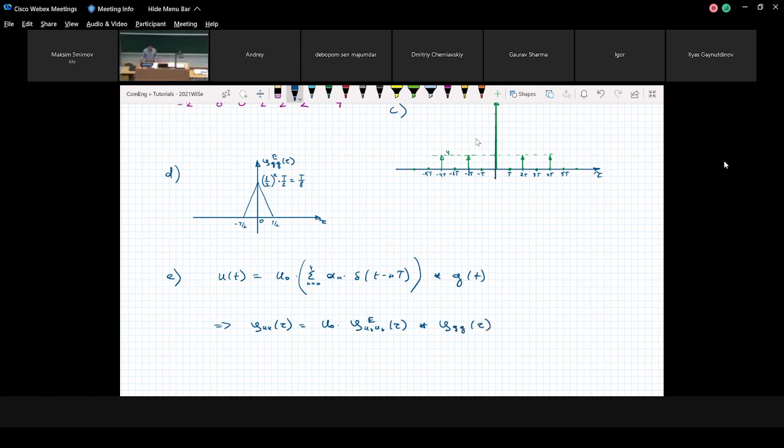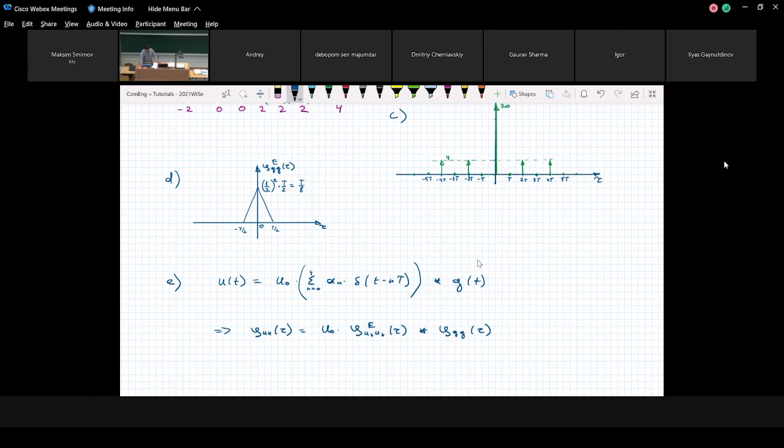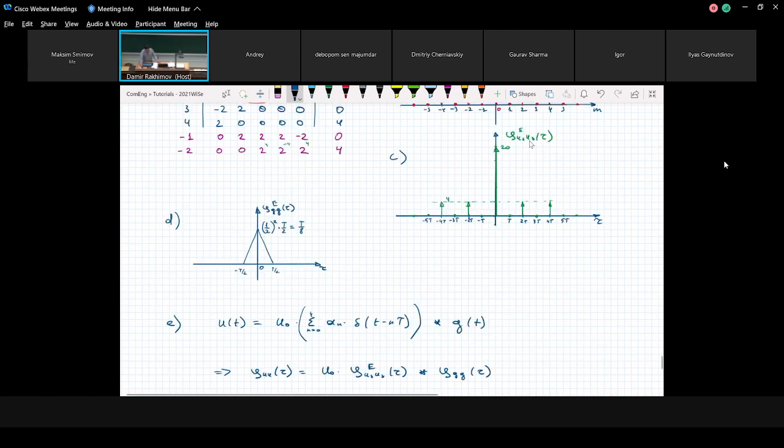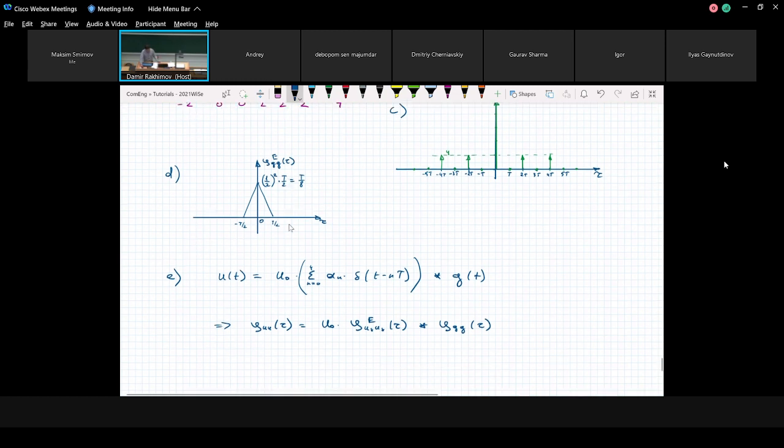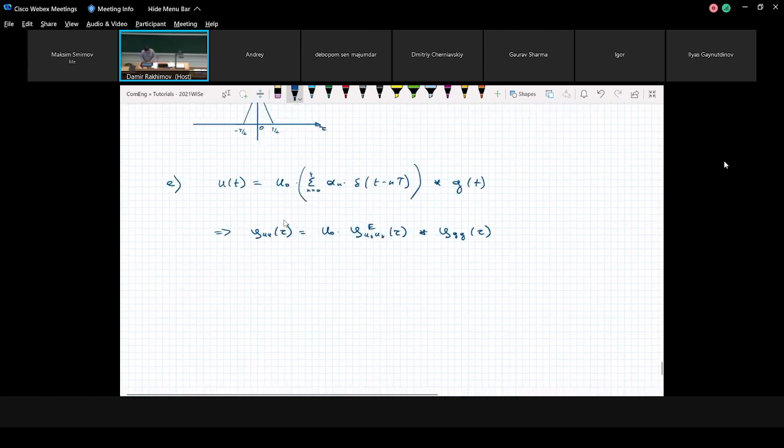And we have actually everything. You know the autocorrelation for part u delta, and we know the autocorrelation for the pulse shape. And again, when you calculate a convolution with a delta pulse, you just replace the delta pulse by the second part of your convolution. Now we can plot how the resulting autocorrelation function will look.